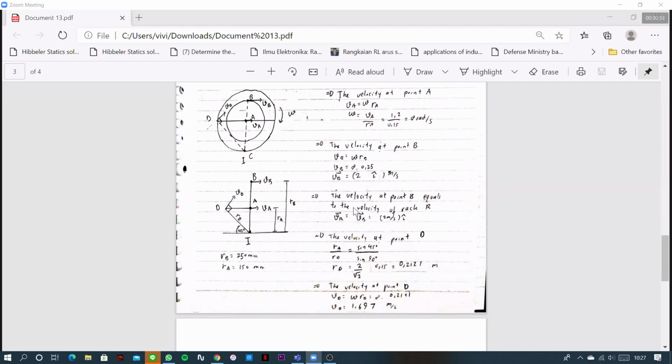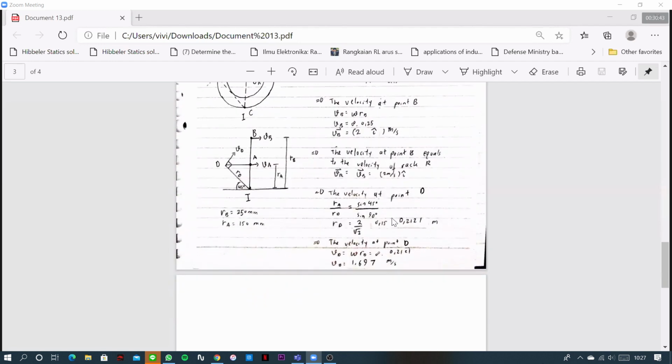After that, we know that the velocity at point B equals the velocity of rack R, so it's the same. So the velocity of rack R is 2 meter per second. And then after that, for the velocity of point D, we must know the radius of D first.